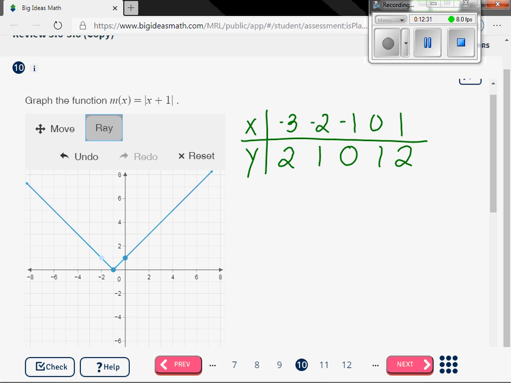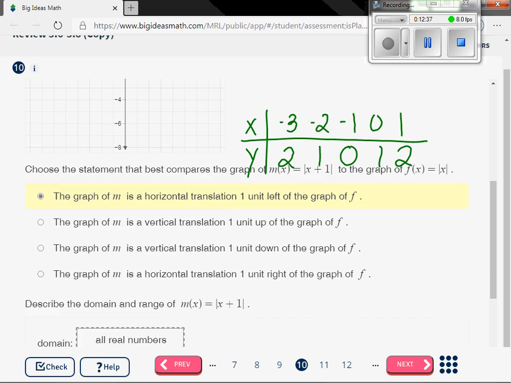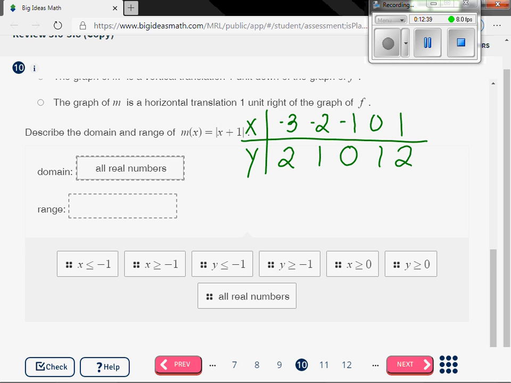So here, if we look at this here, the smallest y value is at y equals 0. And they're going up. So here, it's going to be y is greater than or equal to 0. Questions on this here? Sorry.